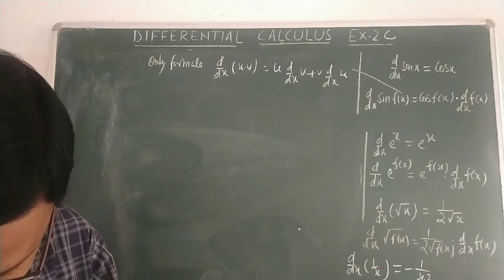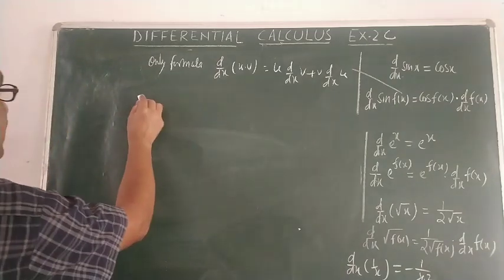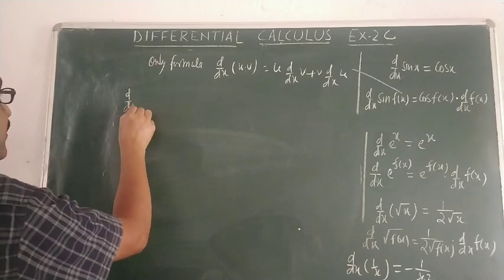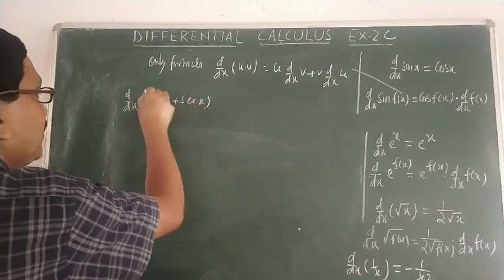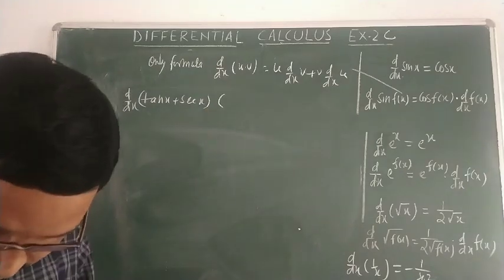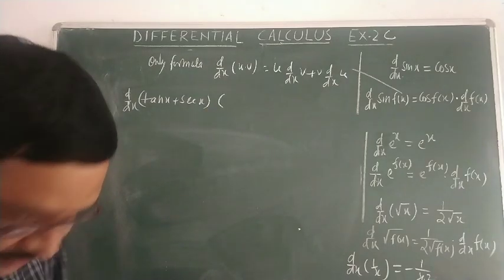d by dx of tan x plus sec x, into cot x plus cosec x.